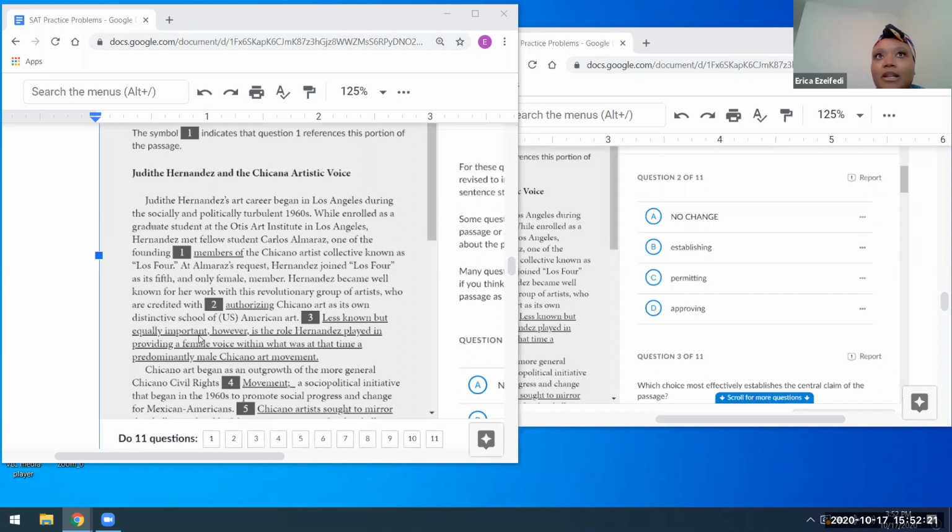Like people might submit things to them and they approve or disapprove of it. So that doesn't really fit the overall tone of what that sentence is trying to communicate.